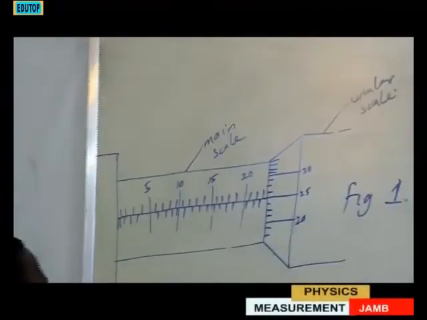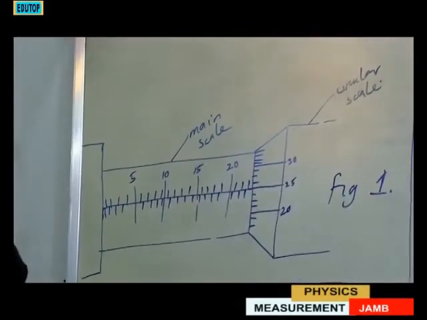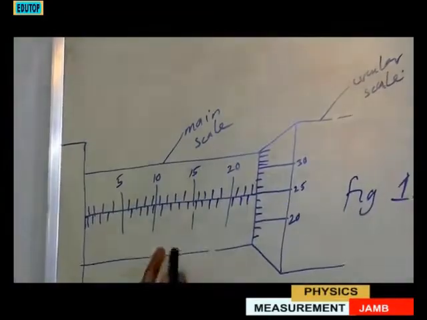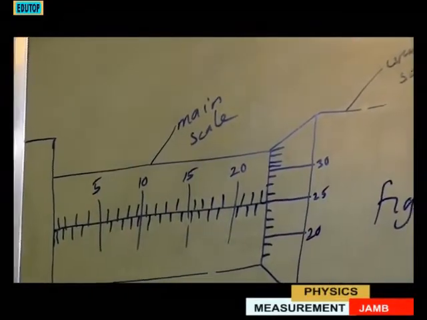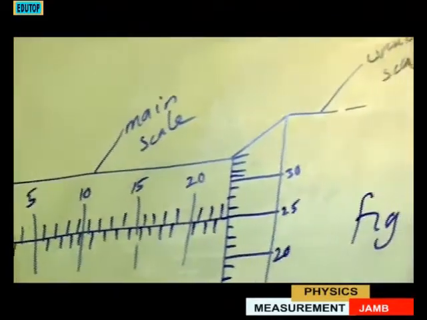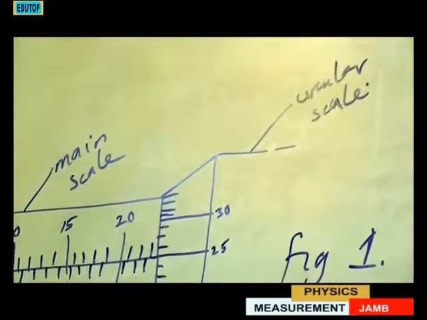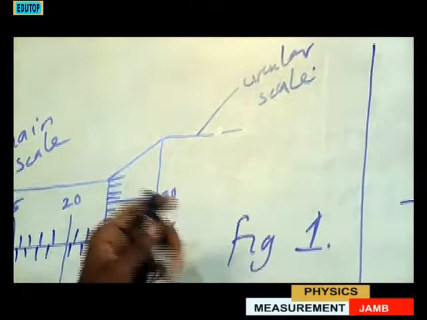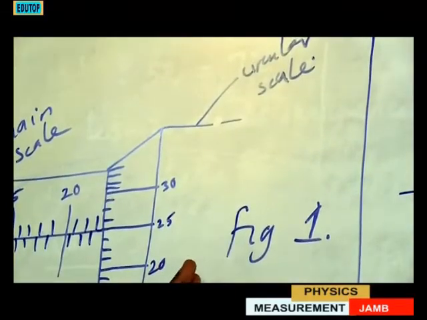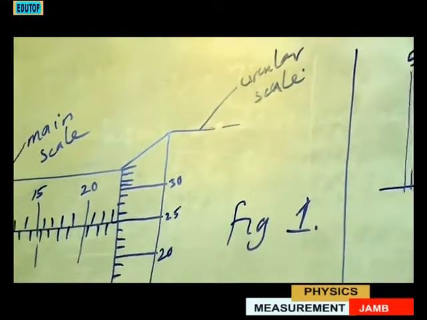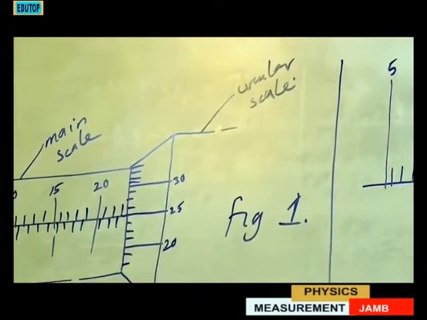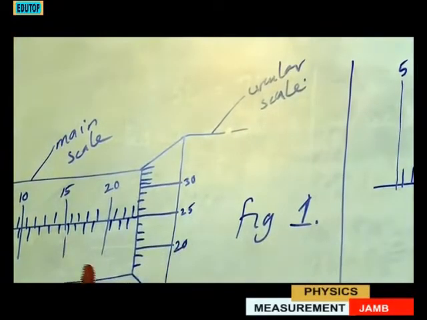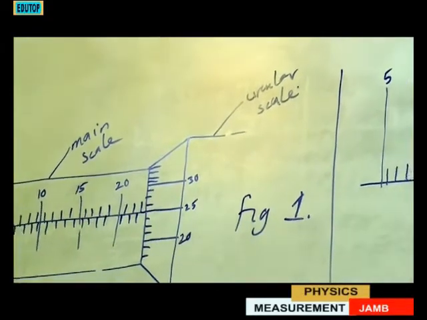The main scale is measured in millimeters. The circular scale has 50 divisions. One division represents 0.01 millimeter.